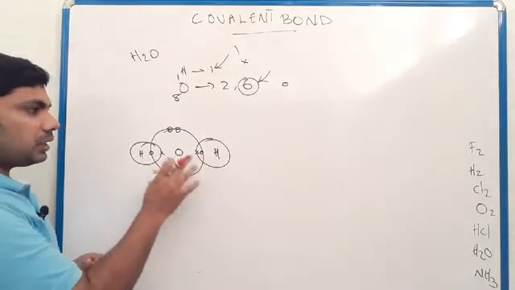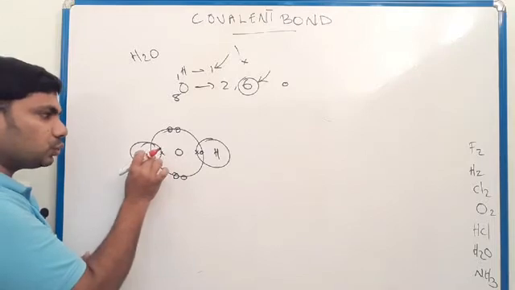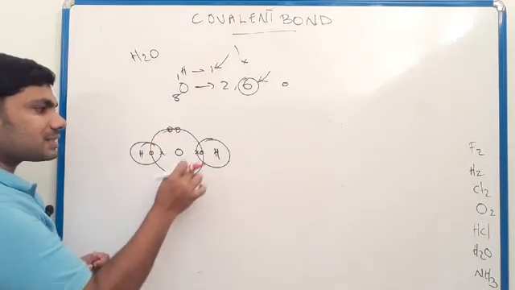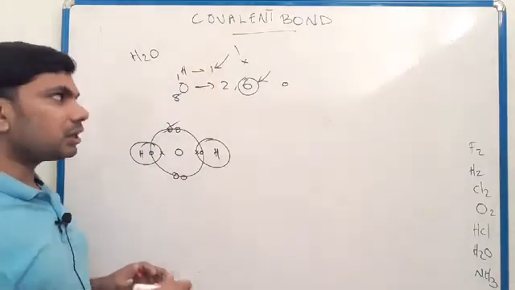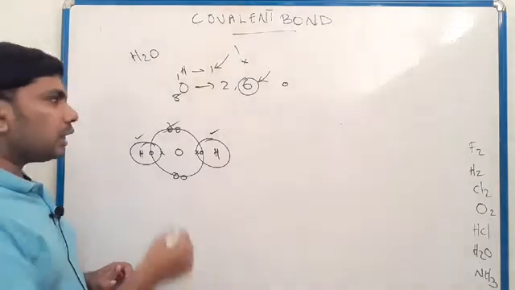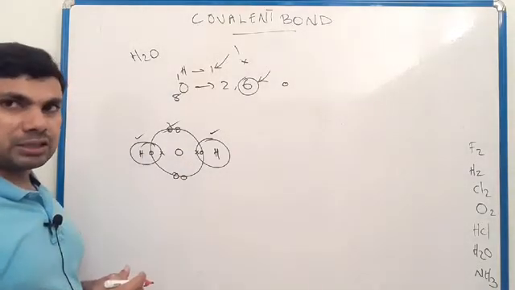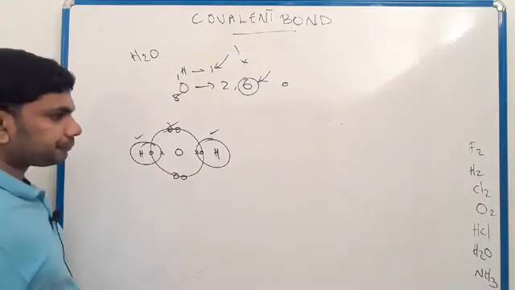Now oxygen, including all electrons, 2, 4, 6, 8. Oxygen gets 8 electrons in its outer shell, hydrogen gets 2 electrons in its first shell. Now the water molecule gets stability. So this is the water molecule.